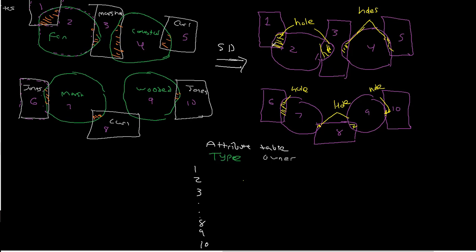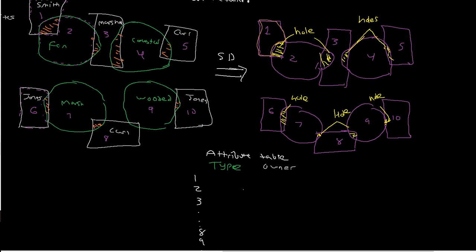So 1's geometry, just to reiterate what's going on here, I'm going to outline it in brown. The geometry of 1 does not include that hole. Let me move back up just a little bit so we can see better.